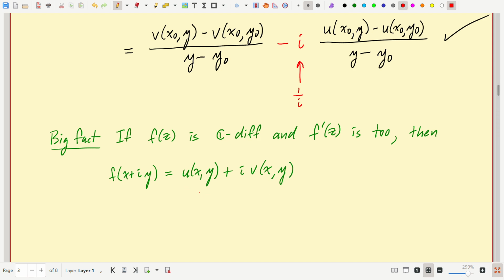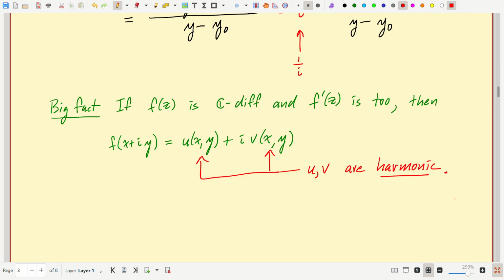Then the real and imaginary parts, u and v, are harmonic. And therefore, they're going to satisfy the averaging property. That's exciting. So it's a corollary.